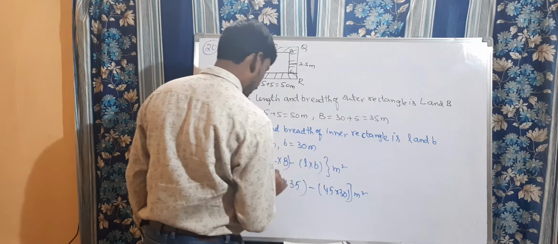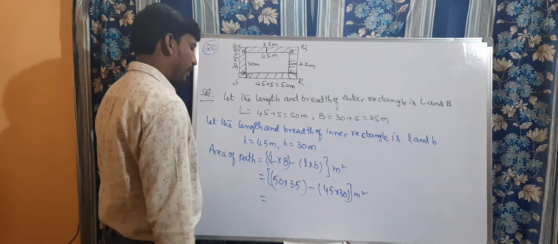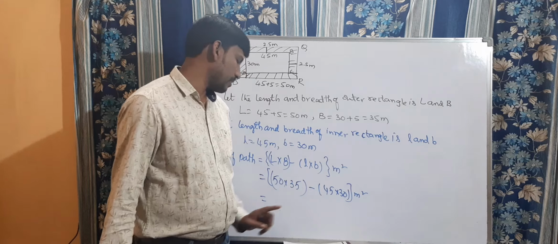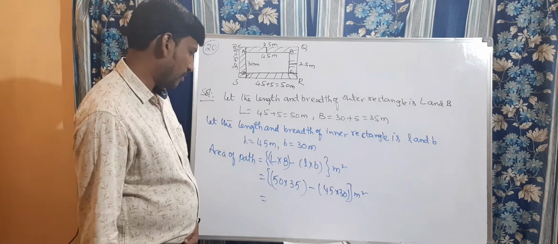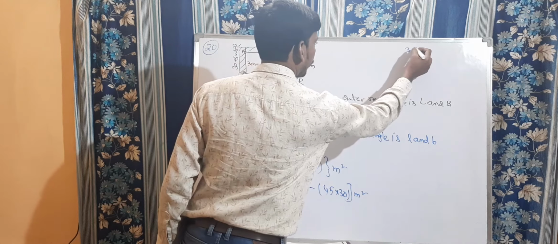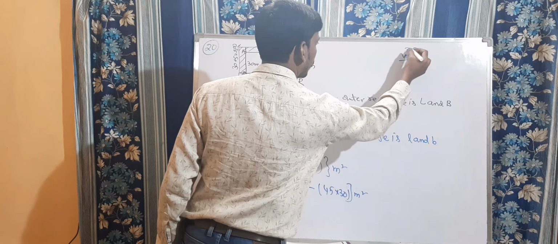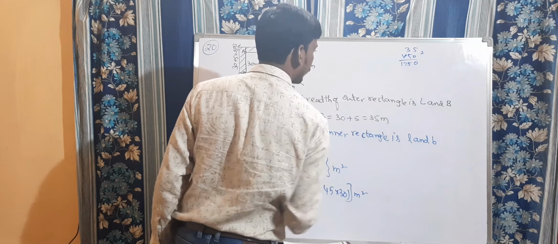Right, children? So now we just multiply these two. 50 into 35: 5 into 35 is 175. This is clear? 35 into 50, 0, 5 fives are 25, 5 threes are 15 plus 2, 17, 1750.